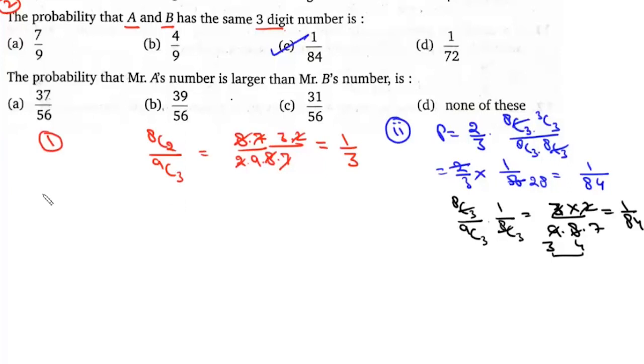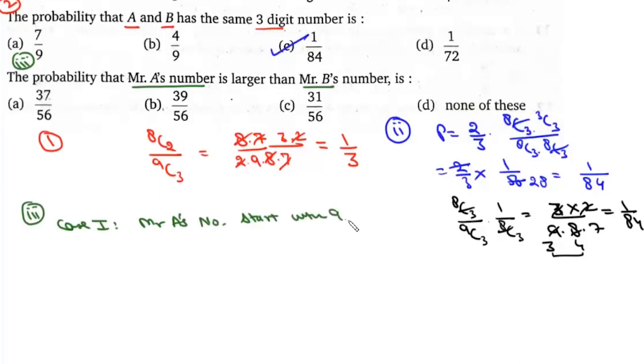Now we'll come to this third case, when Mr. A's number should be larger than Mr. B's number. Now there are two cases. Case 1, if Mr. A's number starts with 9. So if Mr. A's number starts with 9, then in that case it will always be greater than that of B's number, and this we have already calculated in part 1.